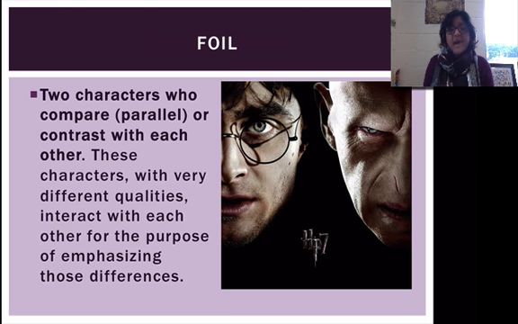They both have similarities, like they both speak Parseltongue. They're both very powerful, famous wizards, but then they have this huge contrast because Voldemort represents pure evil and Harry represents courage, but they do have some overlaps to kind of highlight features in the other person.